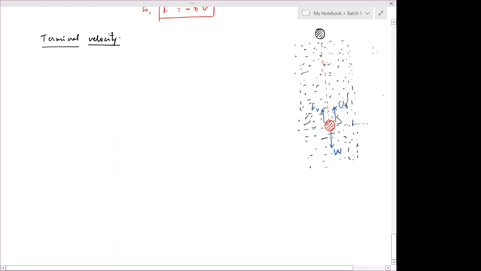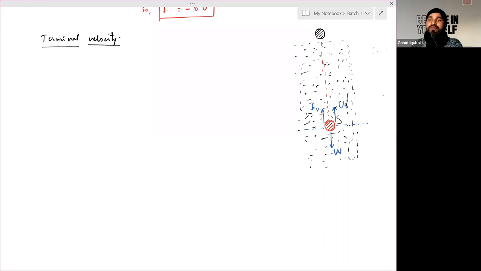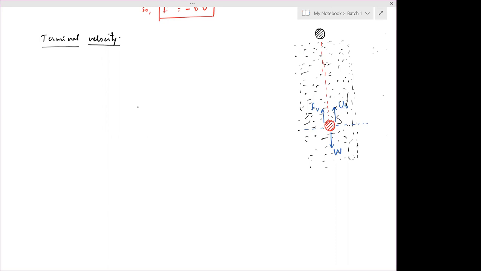No, sir. Good. So you will say the velocity of the object becomes constant. So this constant velocity with which the object will ascend or descend in any viscous medium is termed as terminal velocity. Is it clear? Yes, sir.